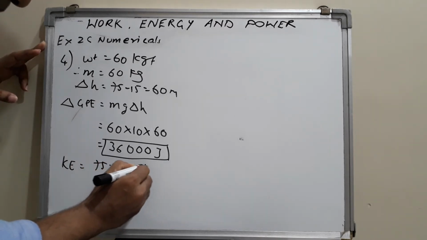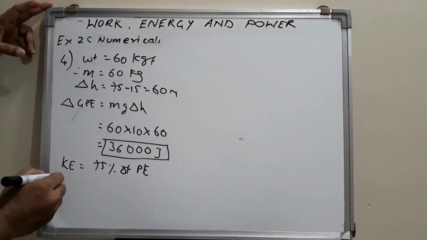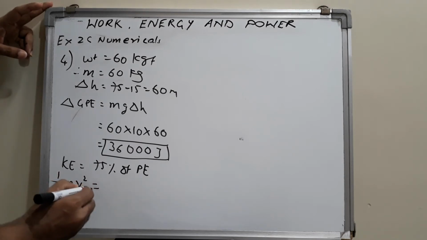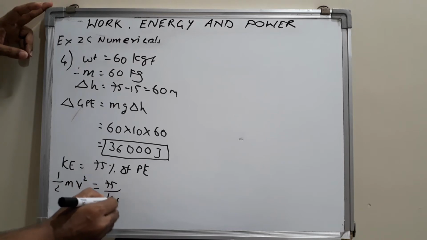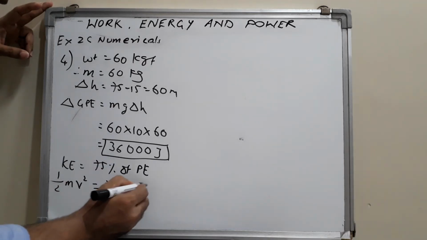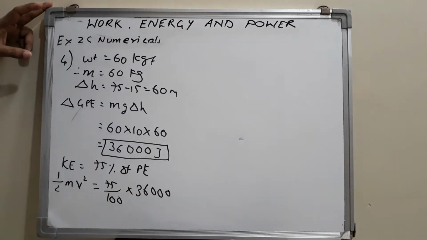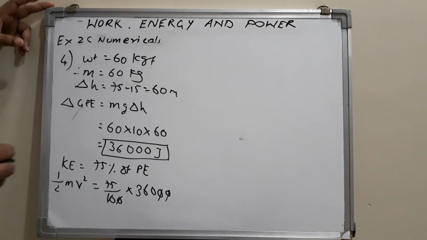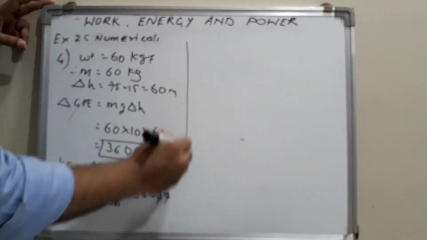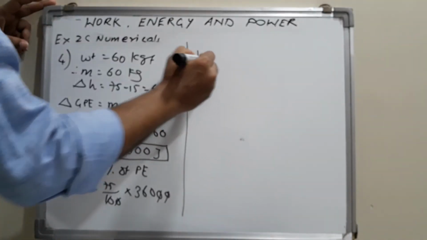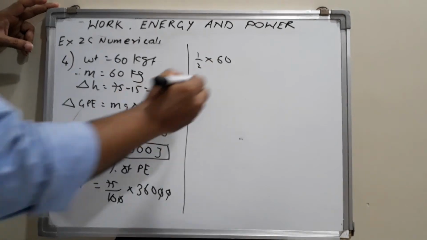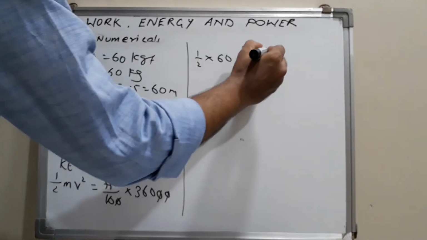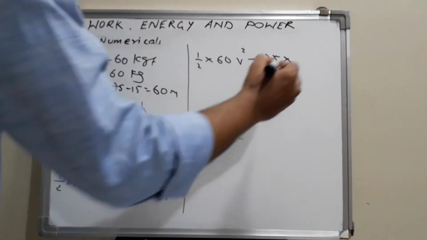Okay. So, KE is equal to 75% of PE. Therefore, half mv square is equal to 75 upon 100 into 36,000. I cancel these two zeros. So now it becomes half into m, which is 60, v square is equal to 75 into 360.